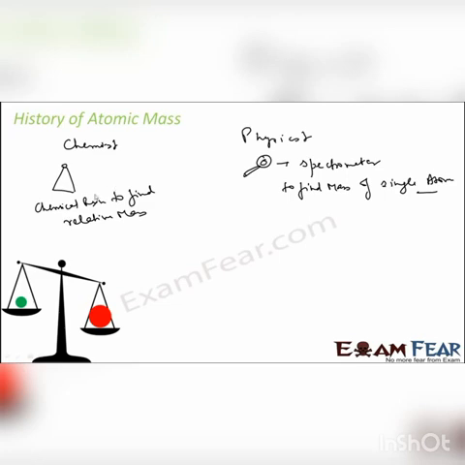Since chemists were looking only at reactions with oxygen, and oxygen has so many isotopes, right? 16, 17, 18. They were ignoring this fact of different isotopes and just reacting with oxygen and trying to find the mass of other atoms. But the physicists wanted a standard based on specific isotopes, right?